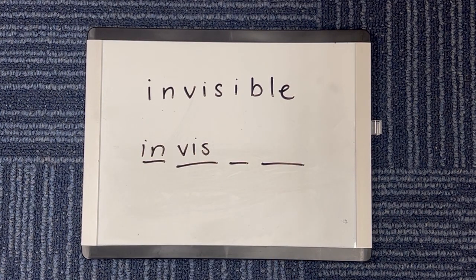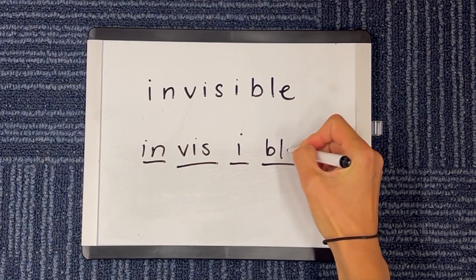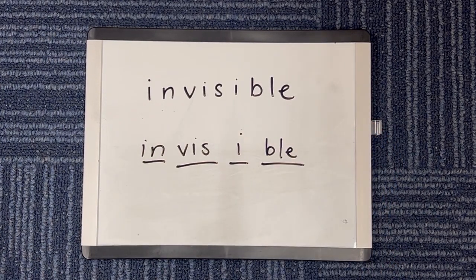What's the third syllable, Amy? And how do we spell it? With an I. So remember, it's a schwa sound, but spelt with an I. What's the fourth syllable, Ben? Bull. And how do we spell it? B-L-E. Remember, the bull sound is the final syllable with a consonant B, L, and silent E.